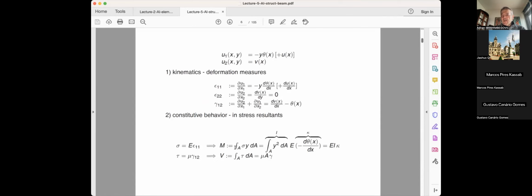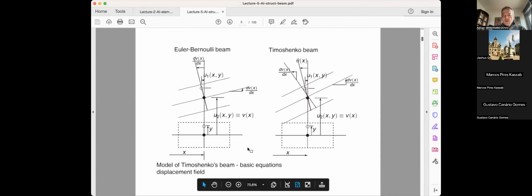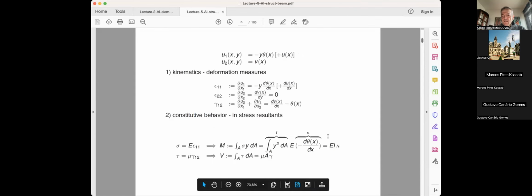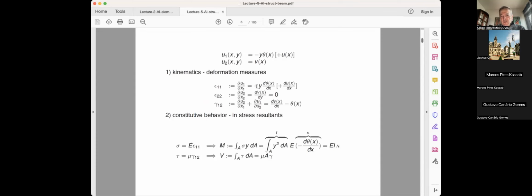Namely, I'm integrating over the cross-section of the beam, so I can have the moment equal to the axial stress sigma times y, the distance to the neutral axis, and get the contribution of all these stresses. Given that sigma is equal to E times epsilon 1, and epsilon 1 is equal to minus y dθ/dx, I take dθ/dx outside the integral, and also E, and I'm just left with the integral of y squared dA, which is nothing but the moment of inertia of this cross-section.